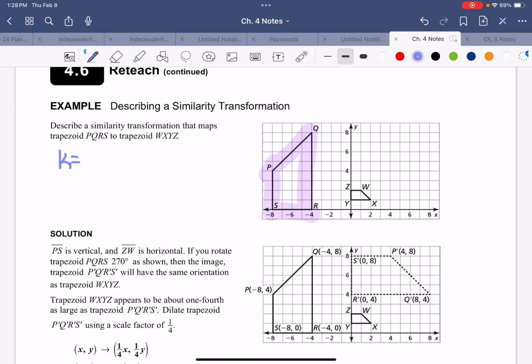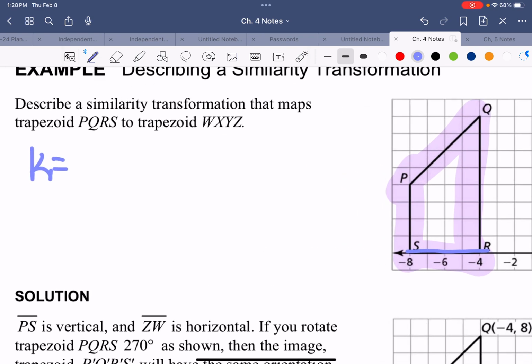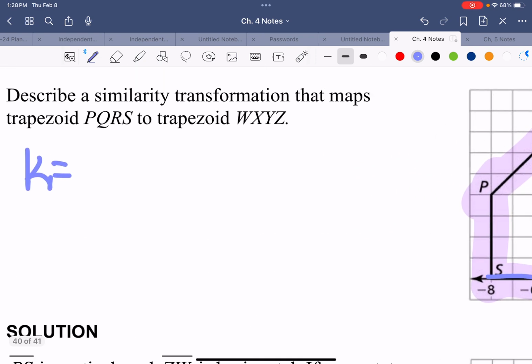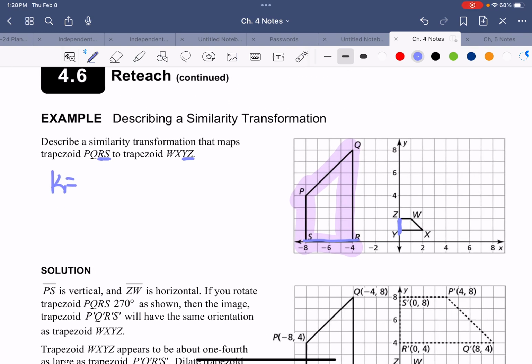It looks like side SR is corresponding to ZY. One of the ways that I can tell is SR is my fourth and third letters when I name the trapezoid. ZY is my fourth and then third letters. So yes, those two sides are corresponding. My length of SR is 4.